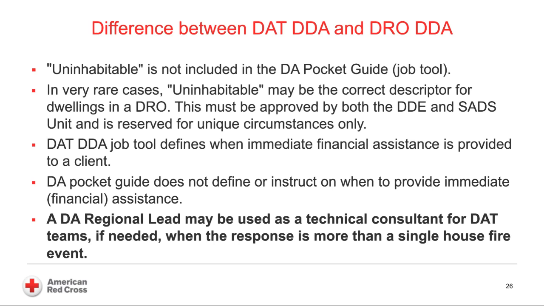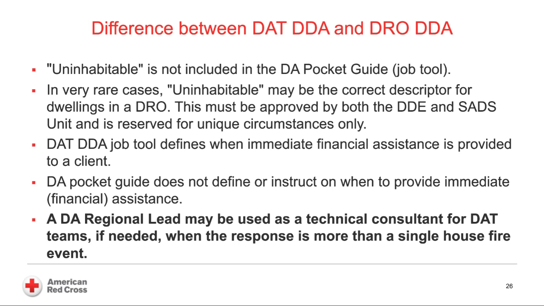The DAT DDA job tool defines when immediate financial assistance is provided to a client, and we saw that a few slides ago. The big thing here is that uninhabitable is a category, and destroyed, major, and uninhabitable are the categories in which we provide a client immediate financial assistance.